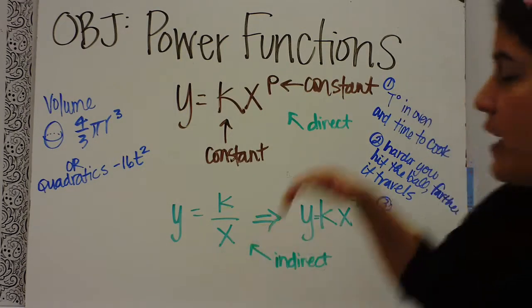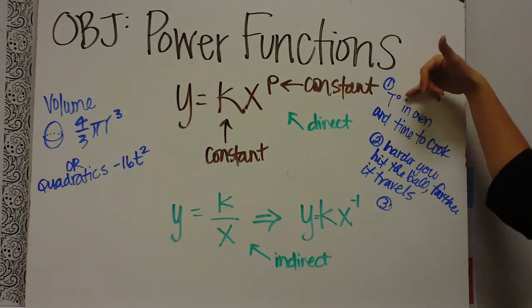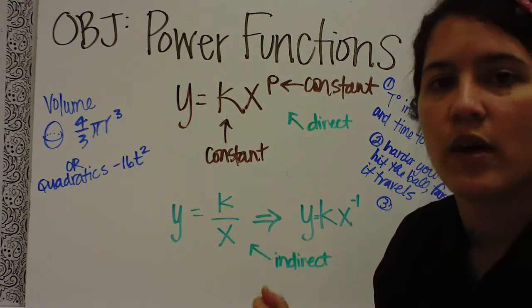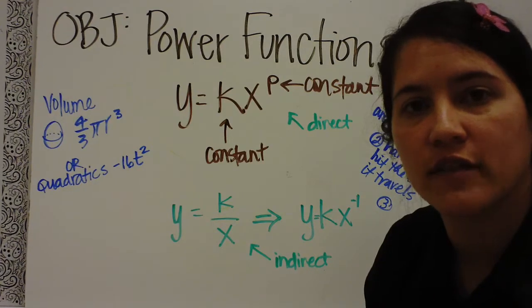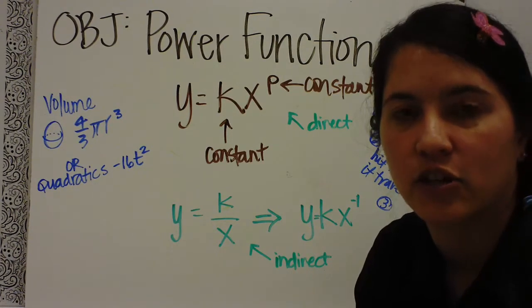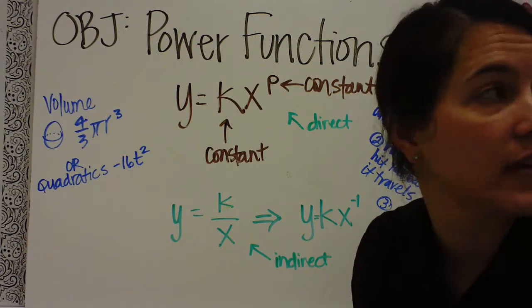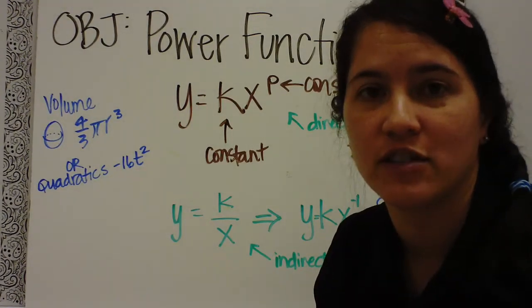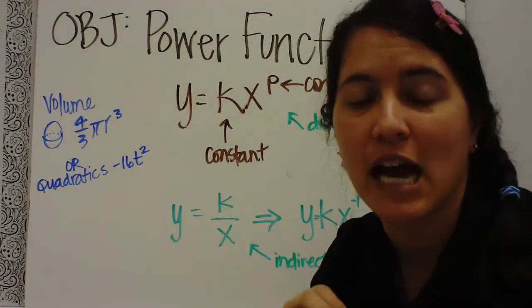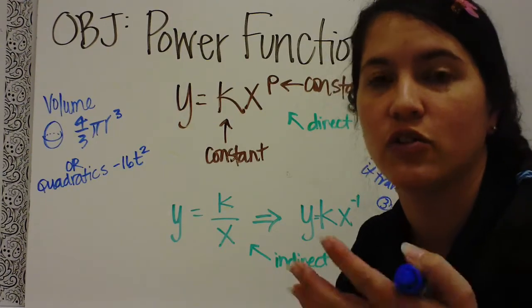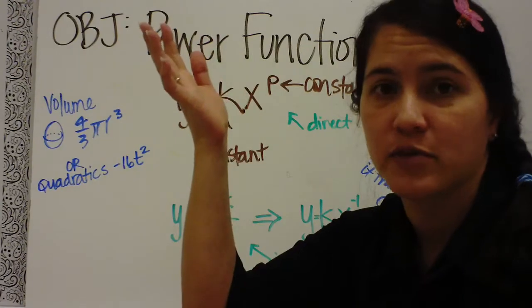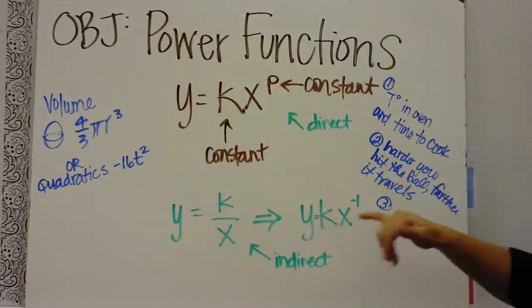An example would be the temperature in the oven and the time to cook cookies. The temperature that you set your oven to and the time that it would take to cook your cookies is going to be inverse or indirect, because if the oven temperature is higher, then the time is going to be smaller. You can see one is increasing, one is decreasing. So that is not a direct proportion, that's going to be indirect.